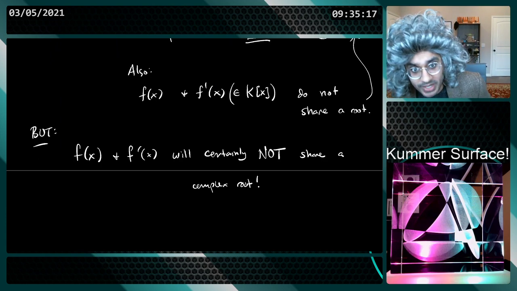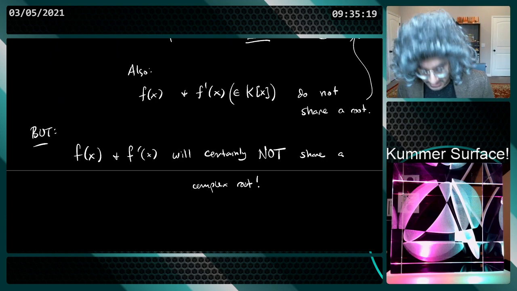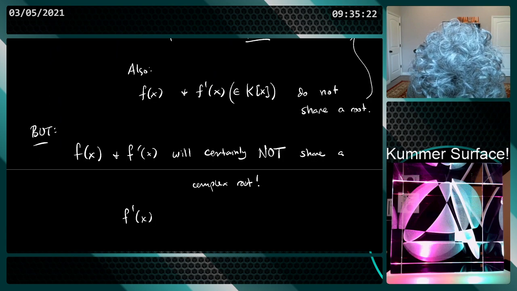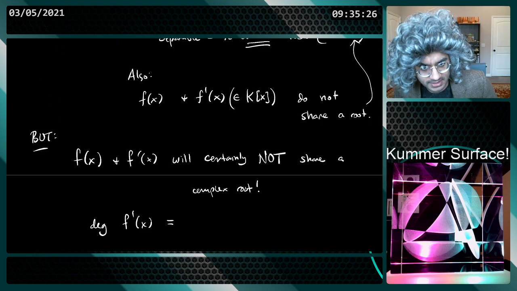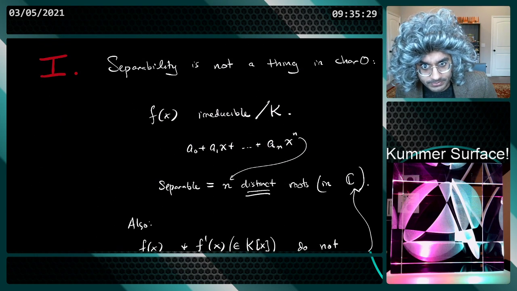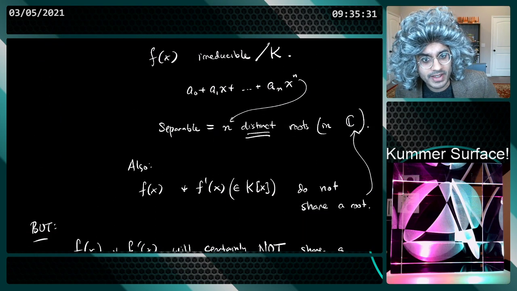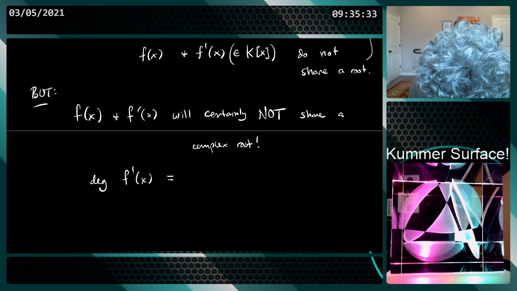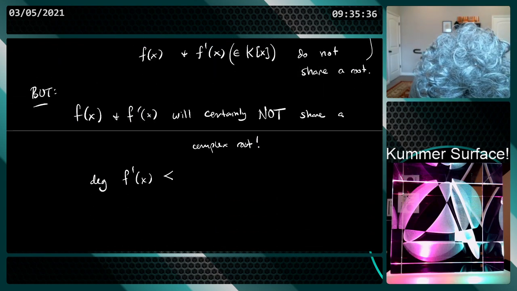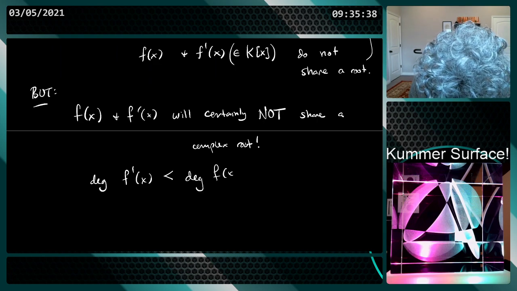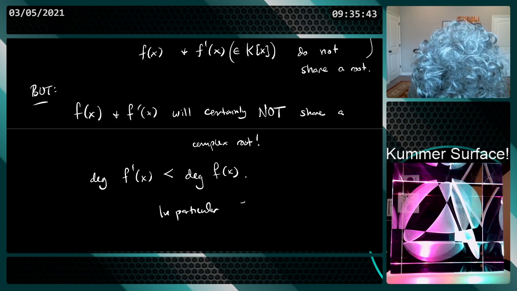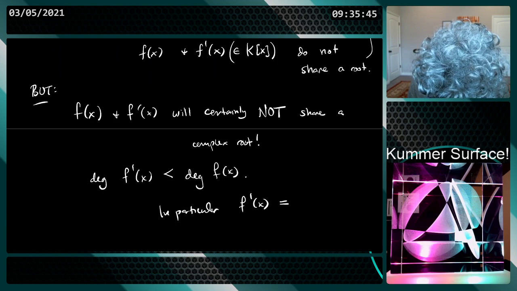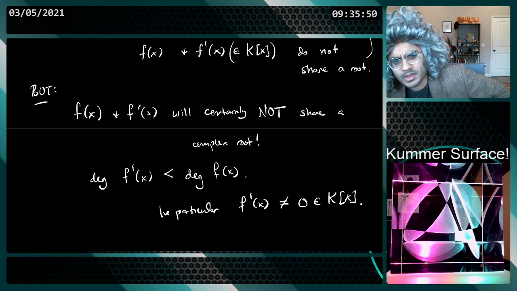That's because the degree of f prime of x is exactly 1 less than the degree of f. In particular, f prime of x is not the 0 polynomial. Why?